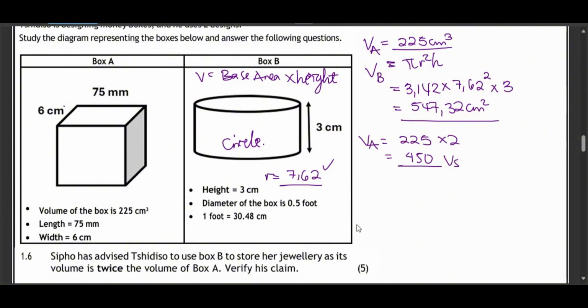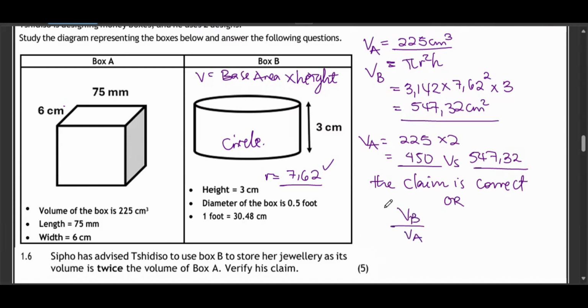So when you compare it to B, indeed, the claim is correct. How do you do it again? Or you would have got volume of B divided by volume of A. Should you get a 2, then the claim is right.